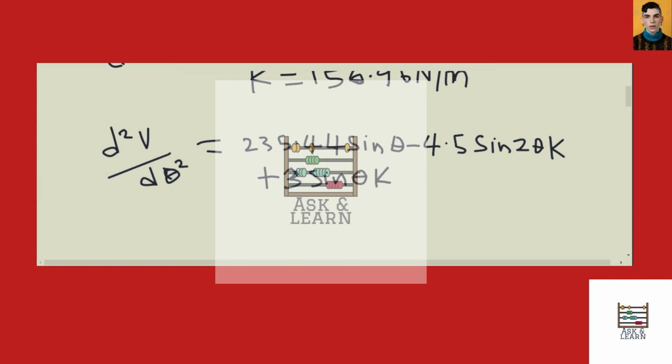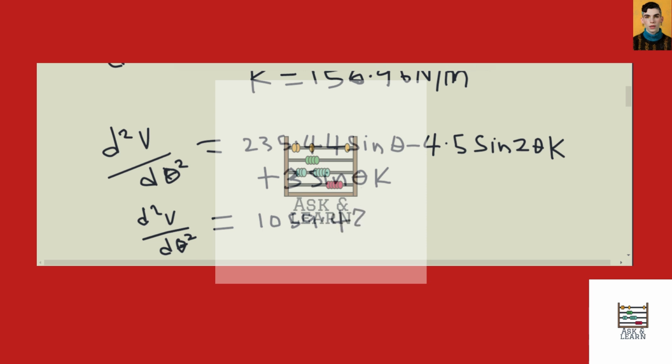So if we put in the value of k and theta, let's see what we are going to have. Putting in the value of theta and k, the stiffness of the spring, we are going to arrive at 1059.48.